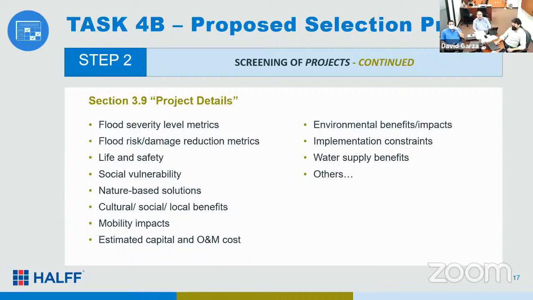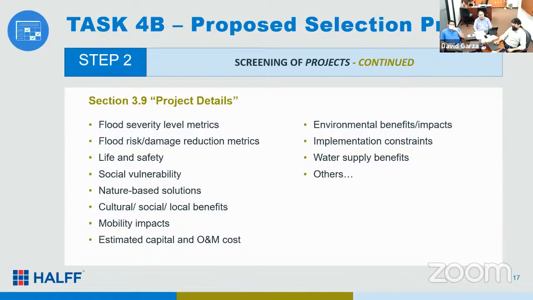Yeah, I think with the project details, that gives me a little more comfort. Good. When I was looking at this BCR scoring criteria, the social vulnerability index is included in that benefit cost ratio, negative impact.